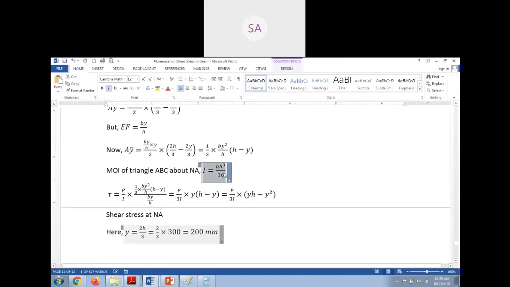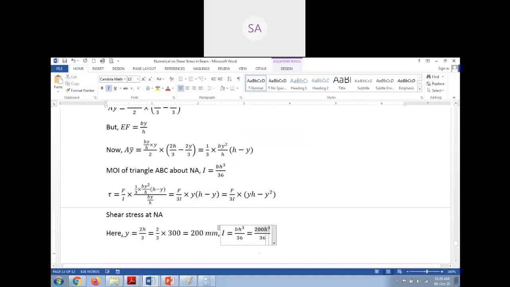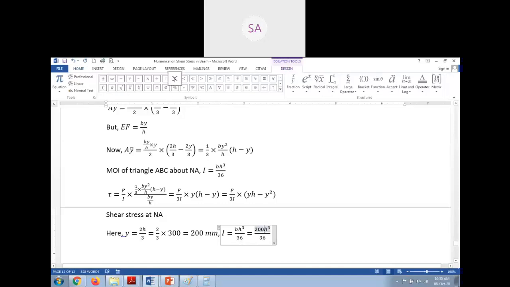I'll calculate the value of I because I need all these values. I is equal to bh cube by 36. I'll just copy it as it is and substitute the values. The base is 200, into height is 300.